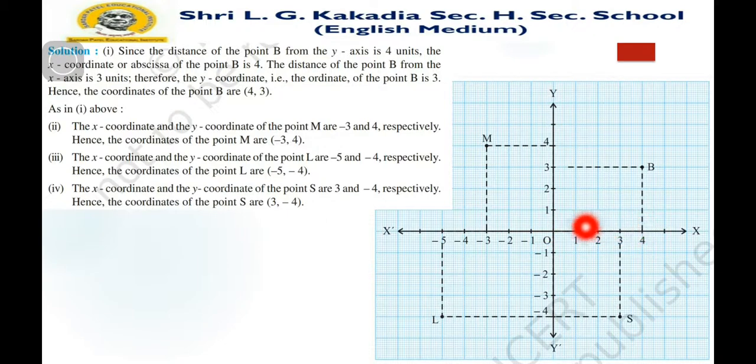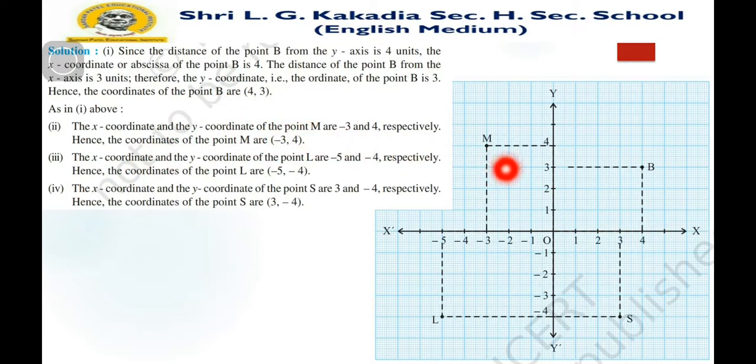So abscissa means the x coordinate will be 4, and the distance on the y-axis from the x-axis is 3 for point B. So its y coordinate is 3. Therefore the coordinates of point B are 4, 3.